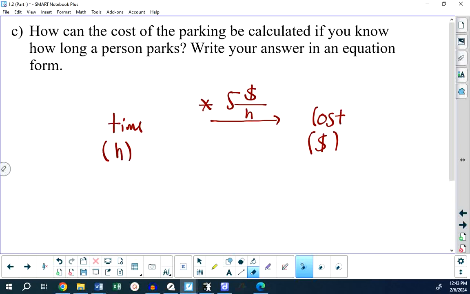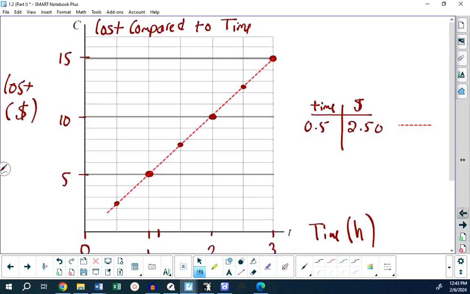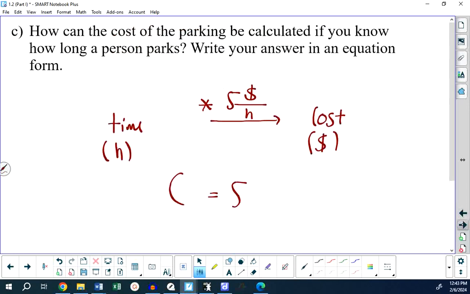And we can write that as an equation. We can say the amount you pay is equal to 5 times the time.